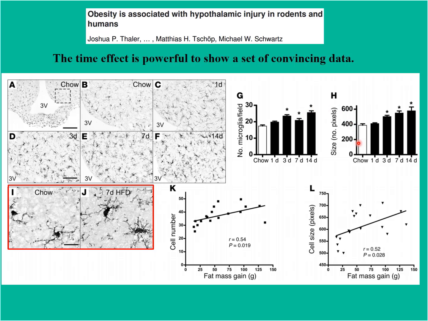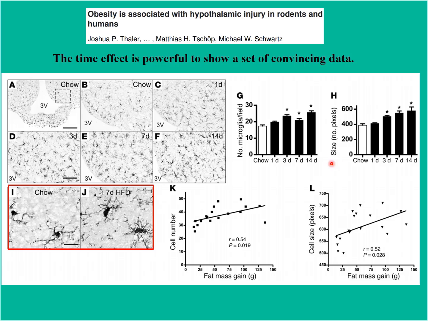Also, they look at the size of the cells. It's bigger. As you can see here at day 7, it's much bigger than this. So this is a histogram. So therefore, this data is very convincing to indicate there's an increased number and size of microglia cells after high-fat diet in the hypothalamus.